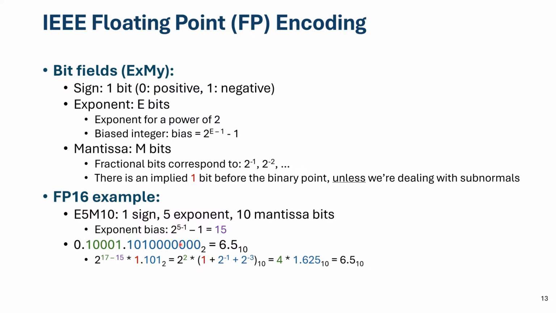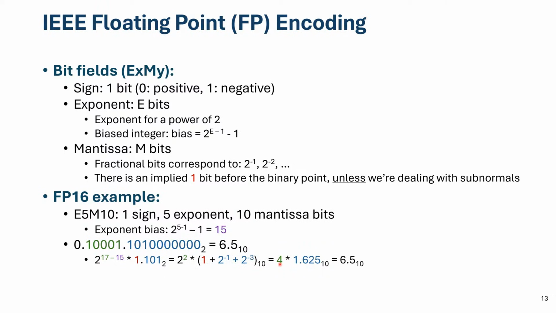I dropped all the trailing 0 bits. And this is in binary, right? So this is 1, but then we have the first bit set to 1. So that's 2 to the negative 1. The next bit is 0, so there's no 2 to the negative second contribution. And then the third bit is 1, so that's 2 to the negative third. And once you add these up, you get 1.625 in decimal.